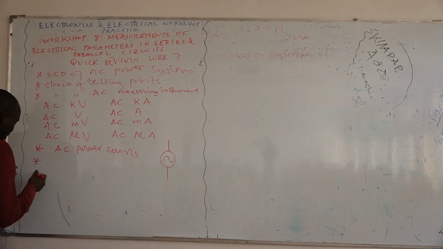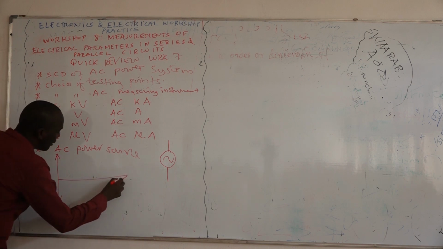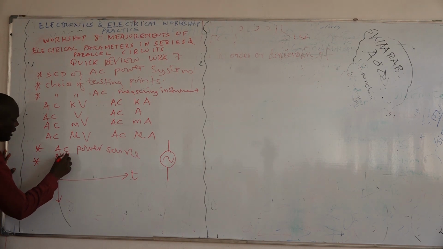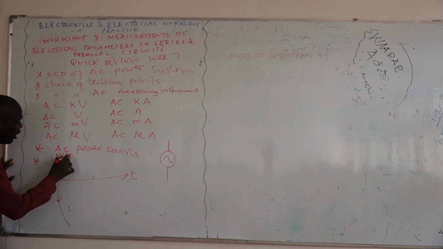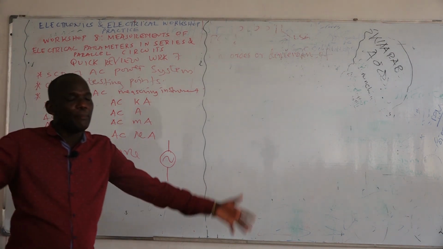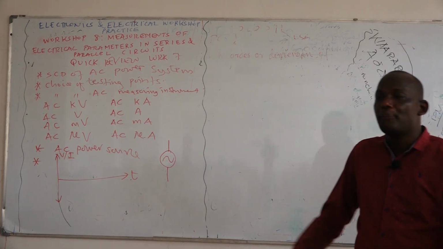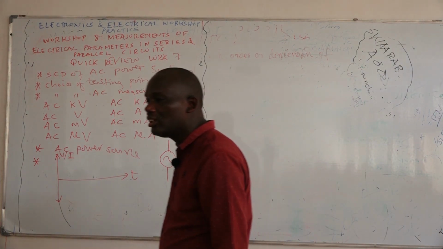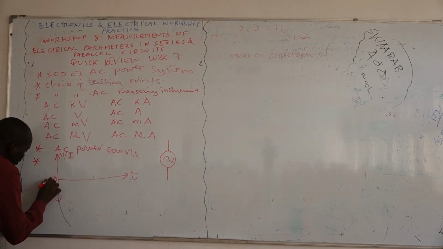So I told you about the nature of the AC waveform, if you do remember. And with this nature of the AC waveform, here it is, we have voltage or we have what? We have current. Then I told you about 4 important parameters in AC theory. The first one is what? Maximum voltage or maximum current. Or in other words, we call it amplitude voltage or amplitude current. Then the next one, mention the next one.